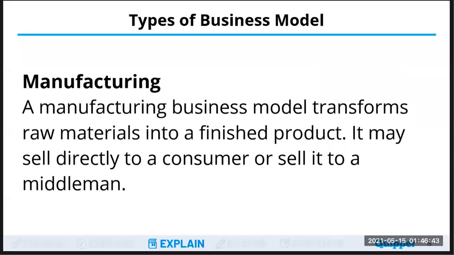And so, ayan, here are the types of business model. First is the manufacturing business model, transform raw materials into finished products. So, yung mga ABM, for sure alam nila to, no? Yung mga types ng mga business structure na tinatawag, no?